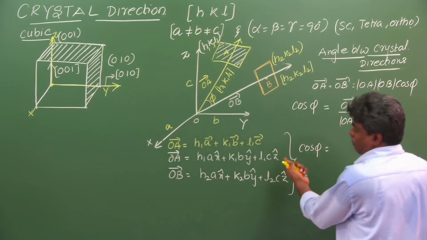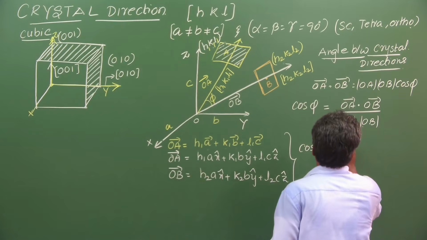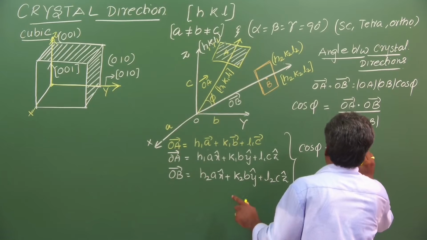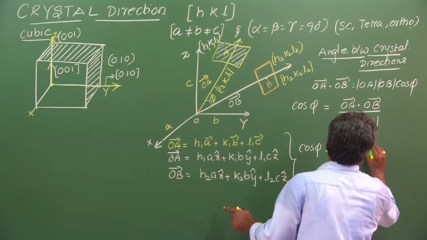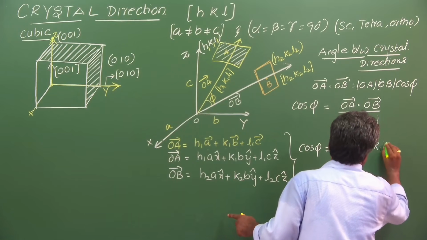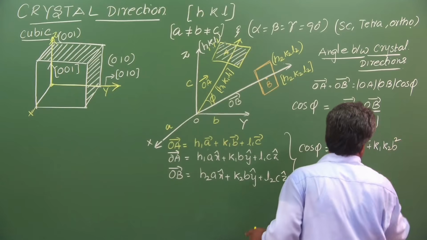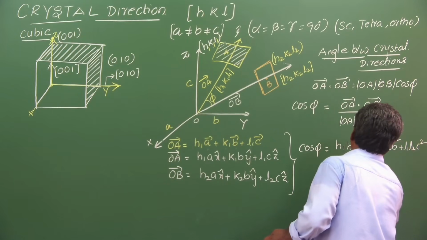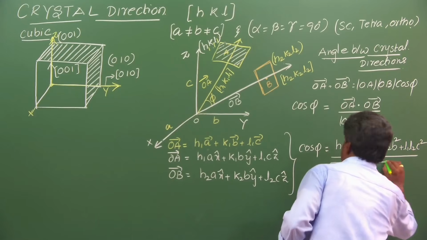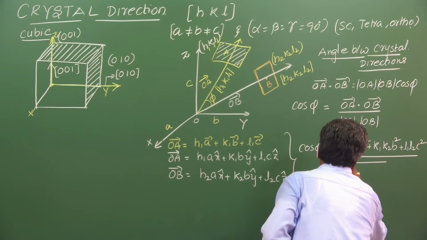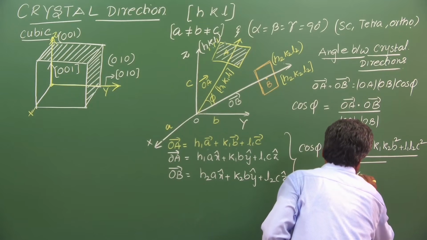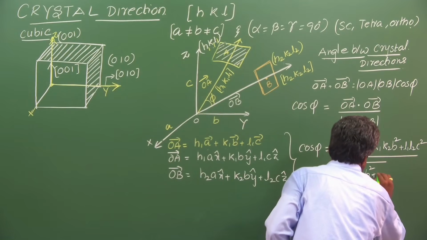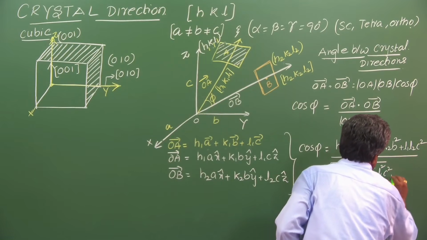Can you make the dot product? Come on. H1 H2 A square plus K1 K2 B square plus L1 L2 C square, by under root H1 square A square plus K1 square B square plus L1 square C square.